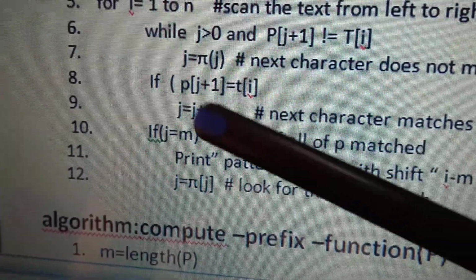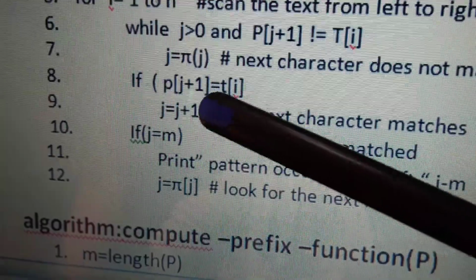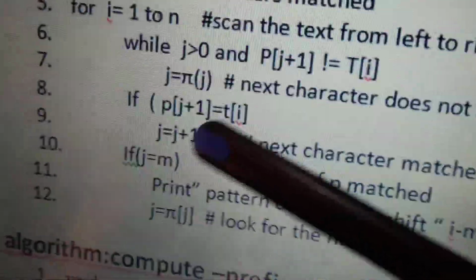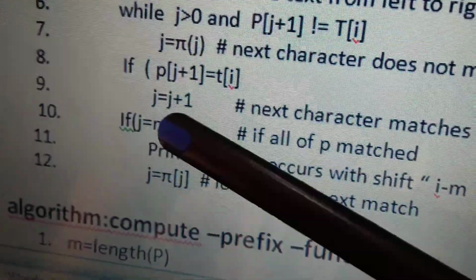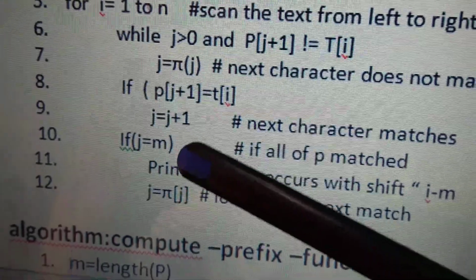Whenever we get a match, then only j is incremented. Initially j is 0, so suppose m is 5, after 5 matches j becomes 5. That means this is the condition we use to verify whether the pattern is matched with the text or not.